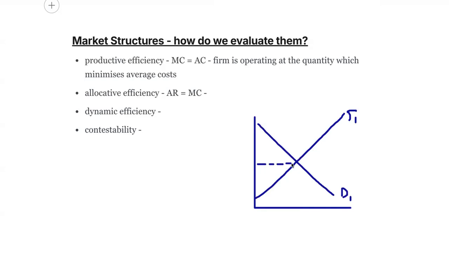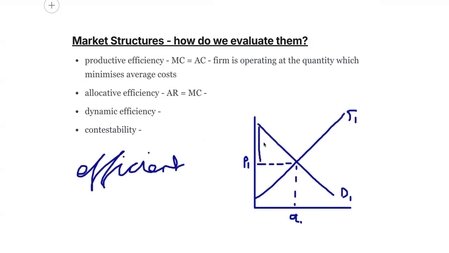You have this price and this quantity, Q1 and P1, and this was known as efficient. The reason being, it maximized what's known as consumer surplus and producer surplus.